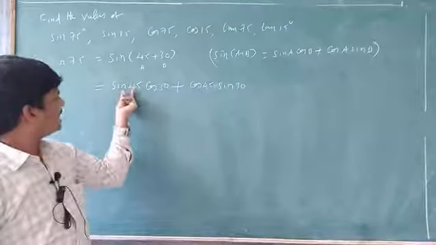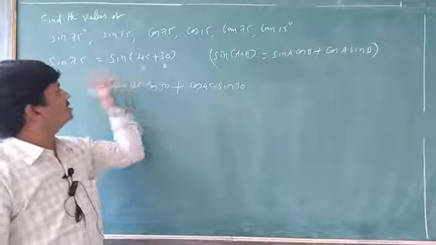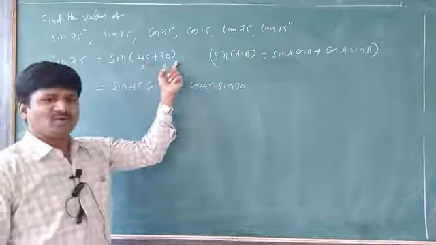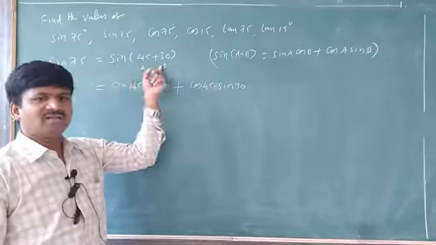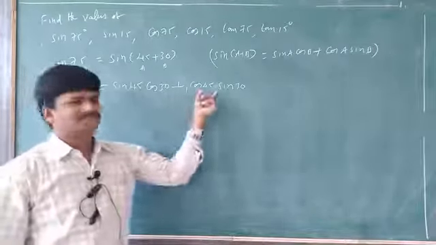Now we have all these values. I hope you understand why I wrote 75 as 45 and 30: after applying the formula sin of a plus b, we got only standard values.